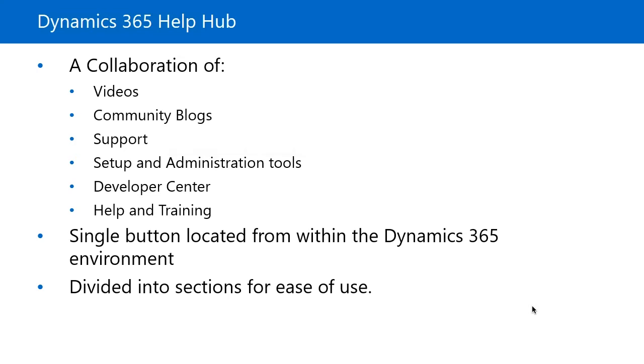For example, if you are in the account form and you click on the Help button, the Help Hub will provide a page dedicated specifically to accounts. If you're on a sales dashboard, it'll bring you to an area related to the sales module dashboards. The same Help Hub functionality applies throughout the entire system in all business applications.